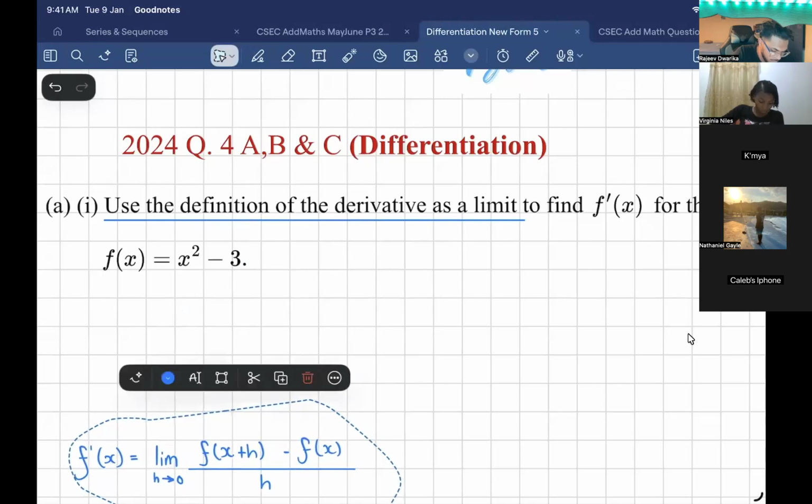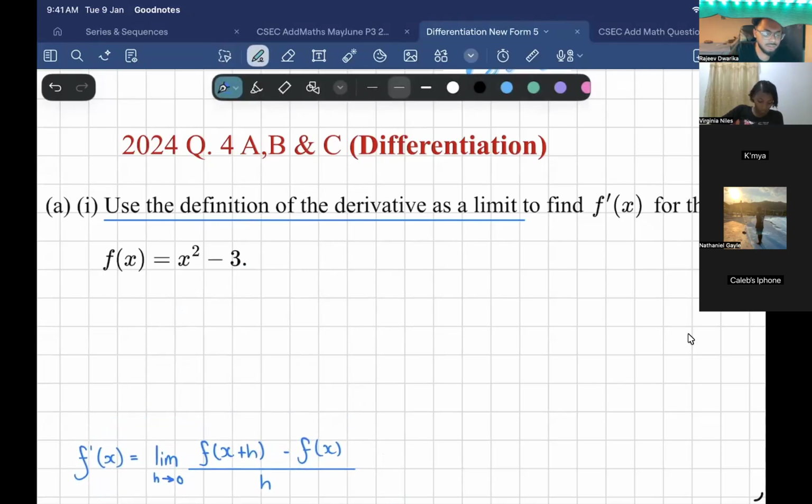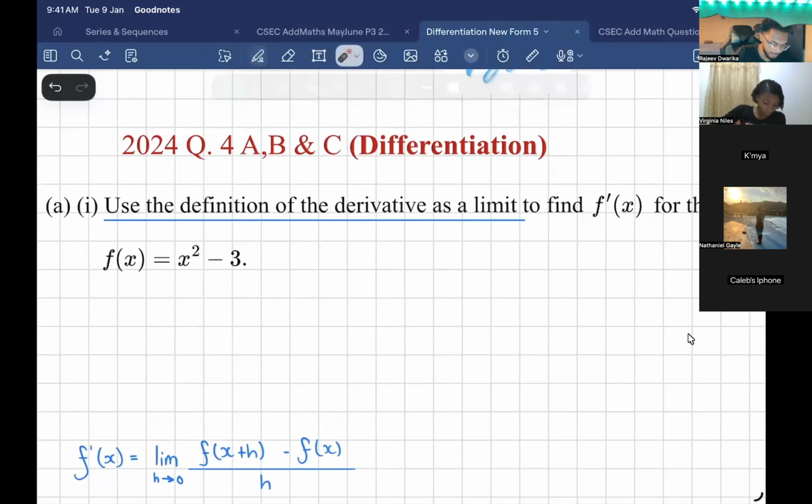Let me see how we're going to do that. So, Nathaniel, you see an f of x plus h. What are we going to plug into this function? We're going to plug f of x, which is x squared minus 3.